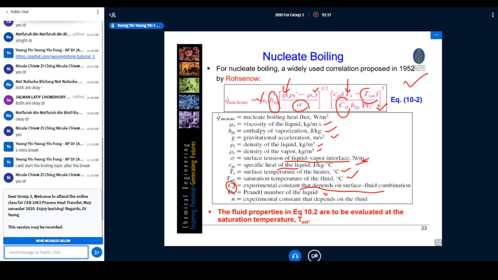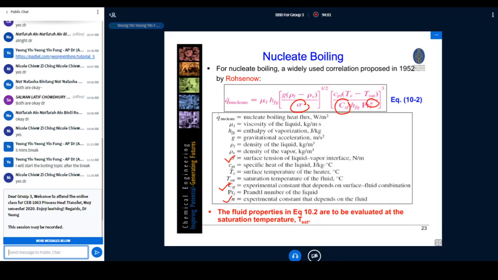And then you can see, I need to clarify, this small letter n is an experimental constant that depends on the fluid. So all these parameters can be determined from the properties table except the three that I circled: sigma, the surface tension of the liquid-vapor interface; C_sf, the experimental constant that depends on the surface-liquid combination; and the n value, the experimental constant that depends on the fluid.